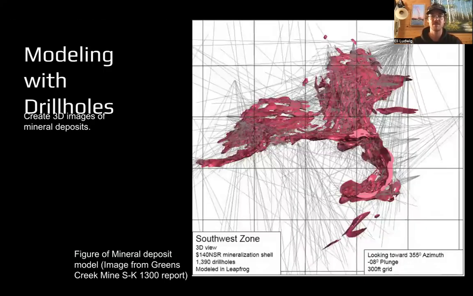And what you can do with these is you can make these really cool three-dimensional models of the mineral deposits. So this is one of the mineral deposits on the Greens Creek mine as well, where all those lines represent core samples, and they have taken those and arranged them in such a way to create this three-dimensional image of what those minerals are and where they are so that they can mine them efficiently.